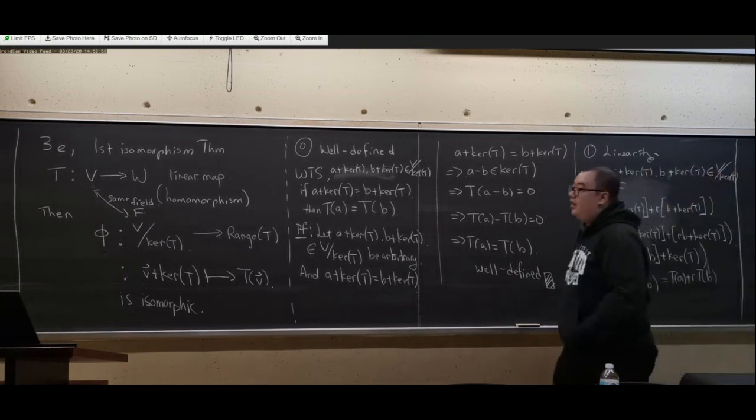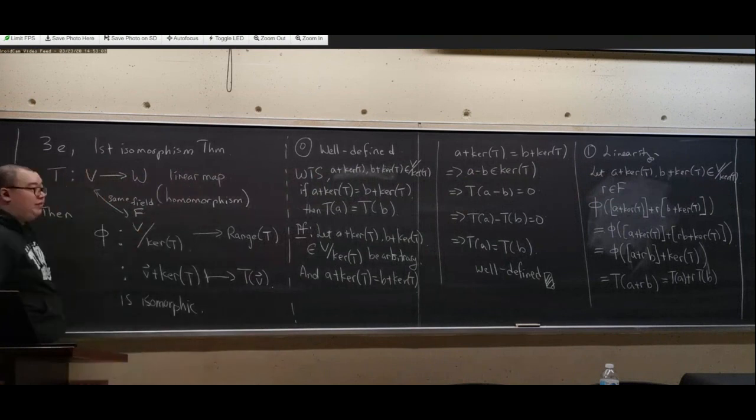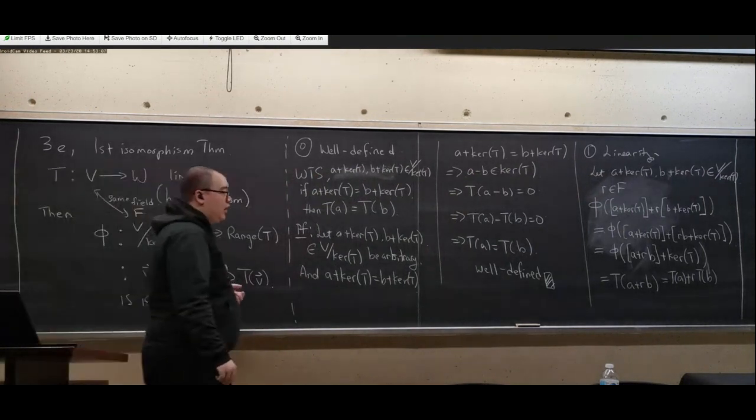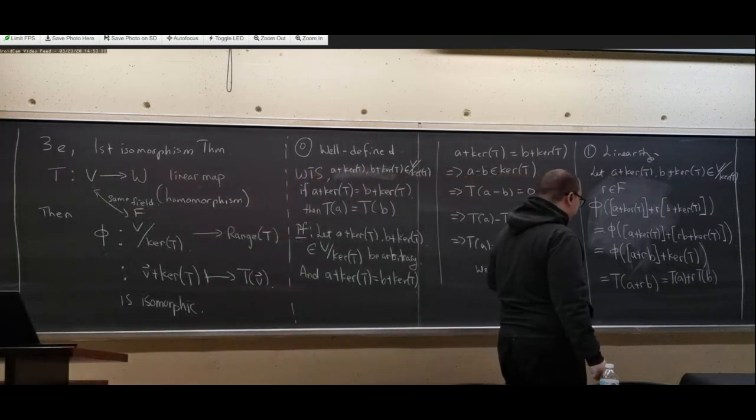This is given. T is a linear map. It is a homomorphism. It is given here. So we can just use this fact. It is linear. So we know T is linear.